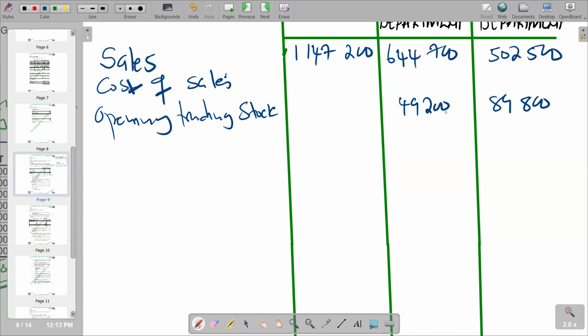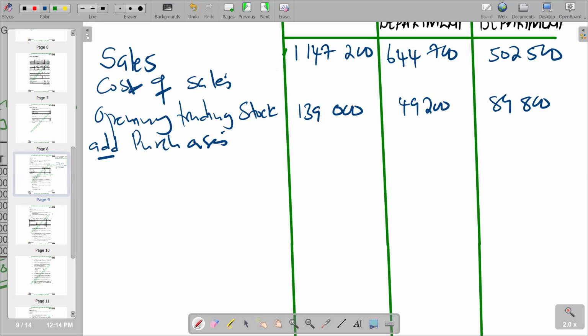So if we add the two, 49,200 plus 89,800, we are going to get a total of 139,000. Then from there, we're going to add our purchases.